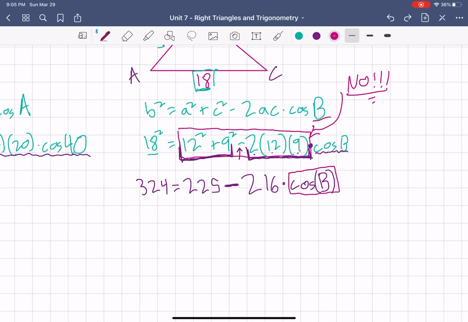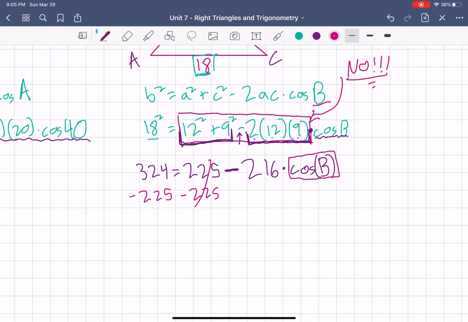So the next piece that we're going to do is subtract 225 from both sides. So now we will get 99 equals negative, don't forget that negative. That's another very common mistake. Don't just ignore that negative. It is important. It will change your answer.